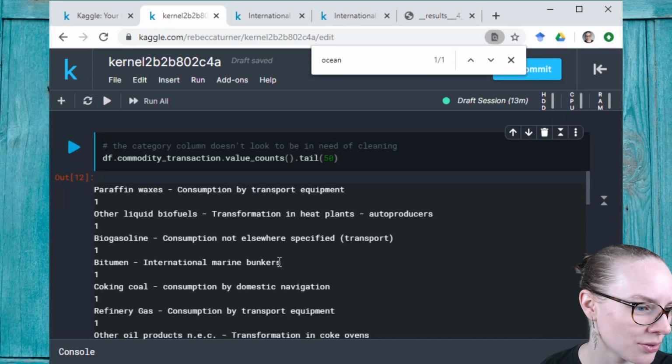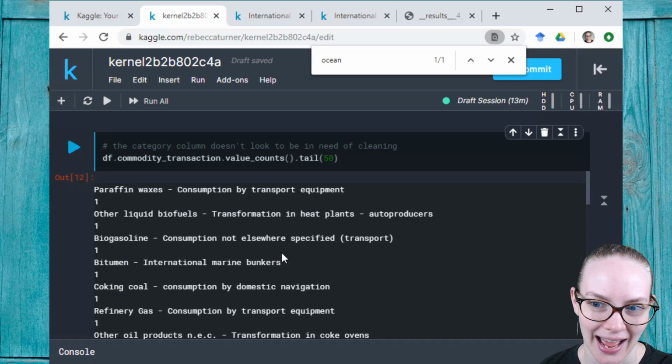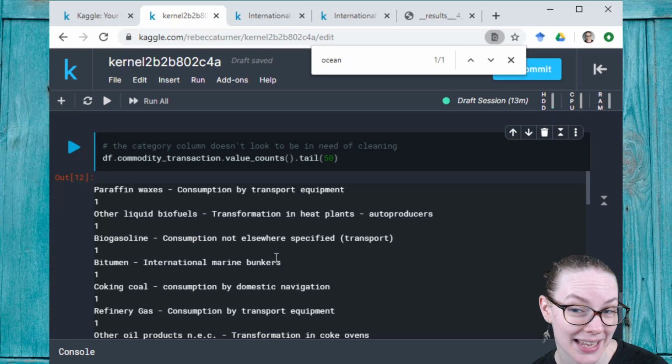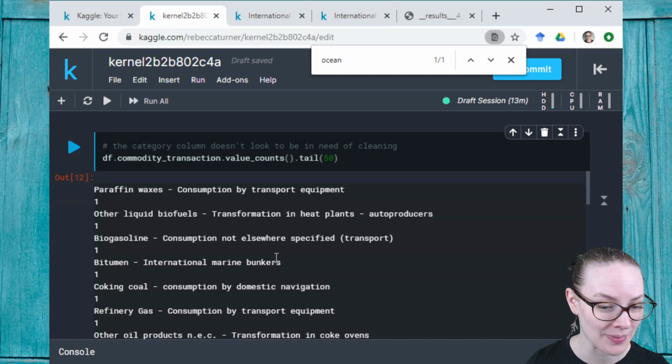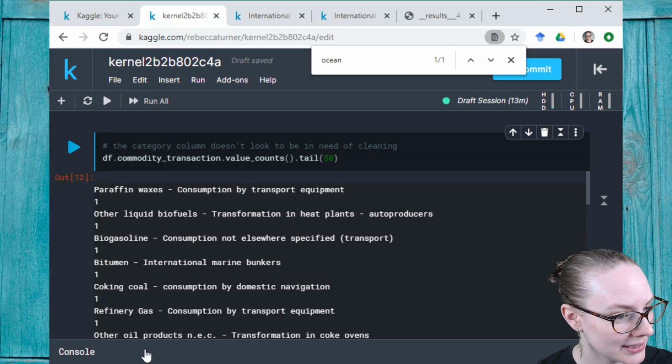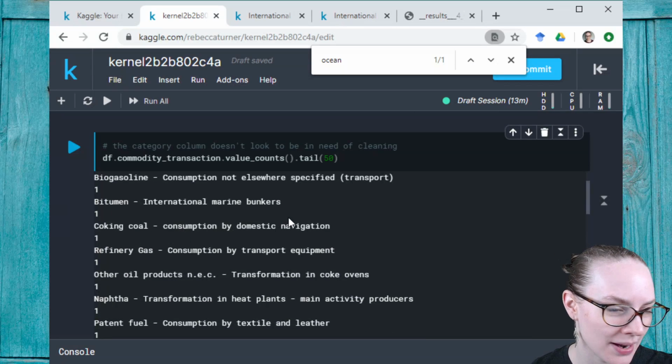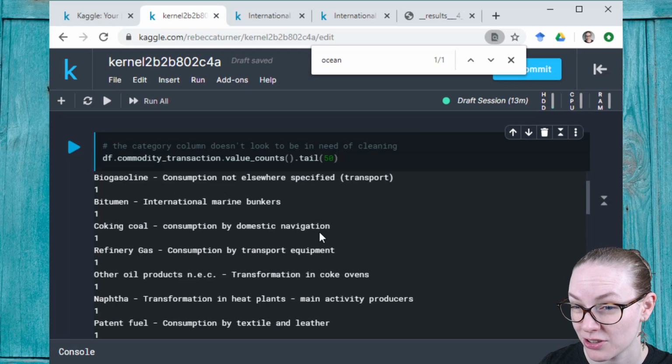Bitumen, international marine bunkers. I'm guessing that's a bunker underwater, and bitumen is like a coal thing, I guess? I don't know. Coking coal, consumption by domestic navigation. So this would be for like trains, maybe?